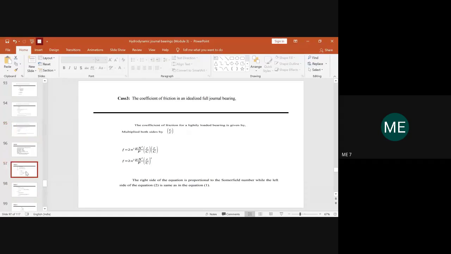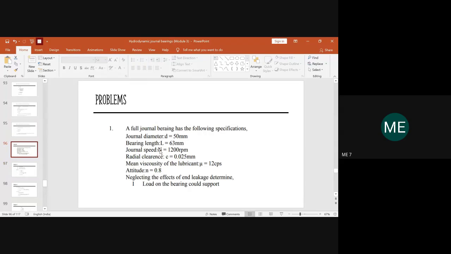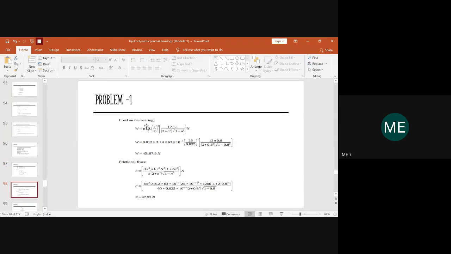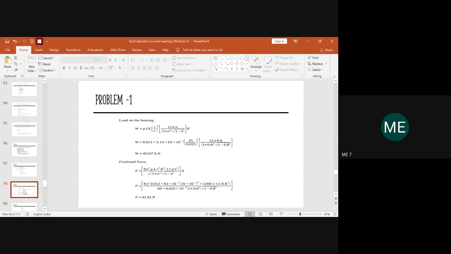Anyhow, you have to see in the equation which are the data which have been given. They haven't given you the value of U, the speed with which the journal is rotating. You have to determine the value of U because you need to substitute over here. And what else is needed? Length is needed, so you have to check whether in the given data the length is given. The bearing length is there already. Then R upon C: you need to know the value of R, the radius of the journal, and the radial clearance.